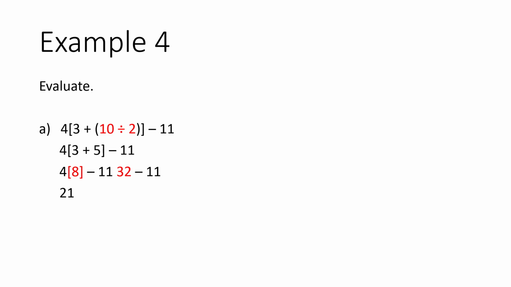Let's look at another problem. In this problem, we've got a big fraction, and I want to remind you that a fraction bar is also considered a grouping symbol. So in this problem, we're going to simplify the numerator and the denominator as much as we can before we attempt to reduce this fraction.